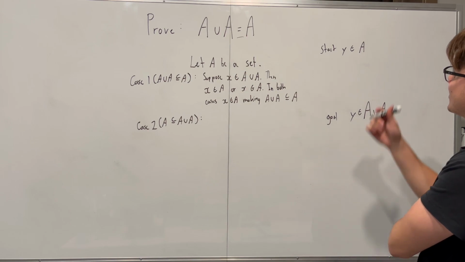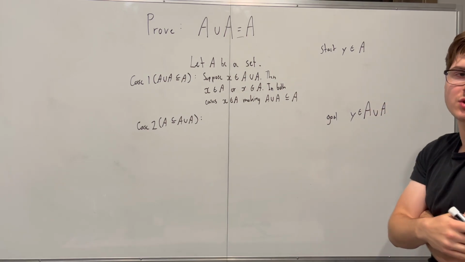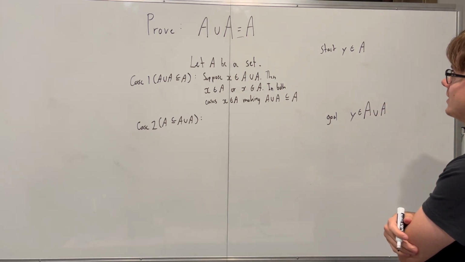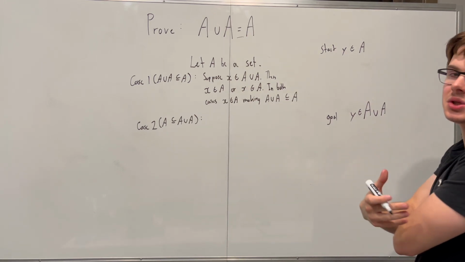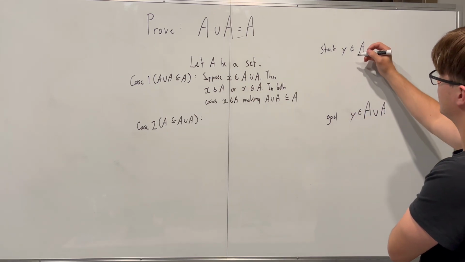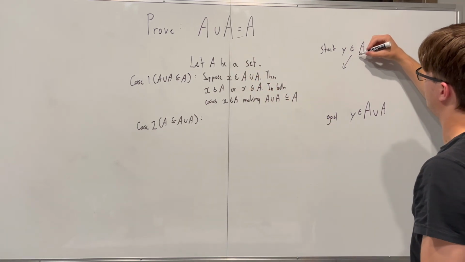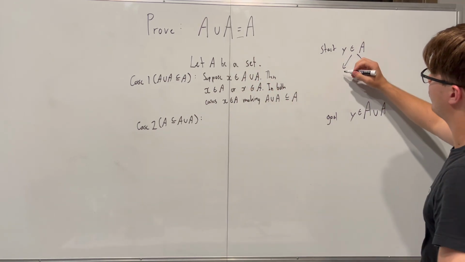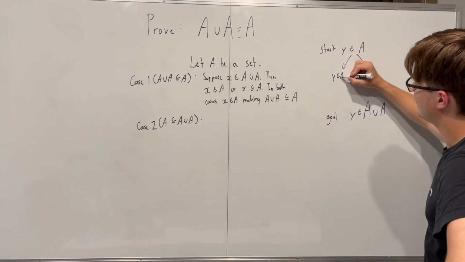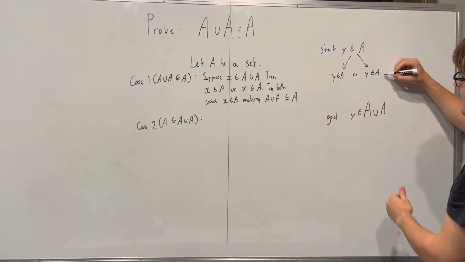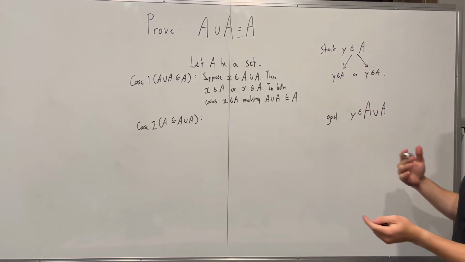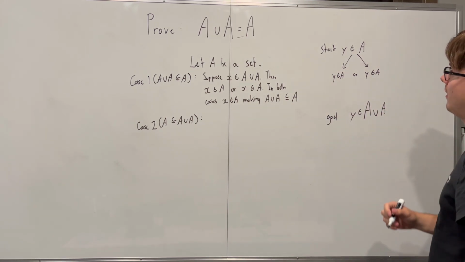So where can we go from here? Well, we can say that you can't really break this apart. You can't just say, well, y is an element of something. You can break it down further. So maybe we can generalize it in this case. Maybe we can say something like, we can just reverse our proof here, I'm thinking. We can say, well, this means that y is an element of A or y is an element of A, right? Both of these, like this statement here, if this was just a sentence, is true. This still works with this assumption.